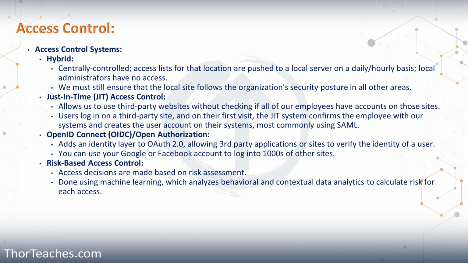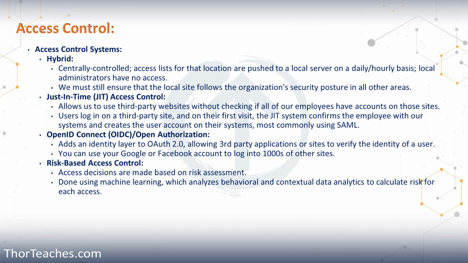Next up, we have JIT access control, or just in time. And JIT allows us to use third-party websites without confirming that all of our employees have accounts on those sites. Let's say our organization wants to thank our employees, and for each year they have been employed with us, we give them 100 points to spend on whatever they want on a random website.